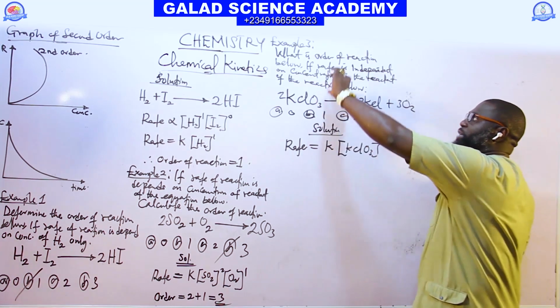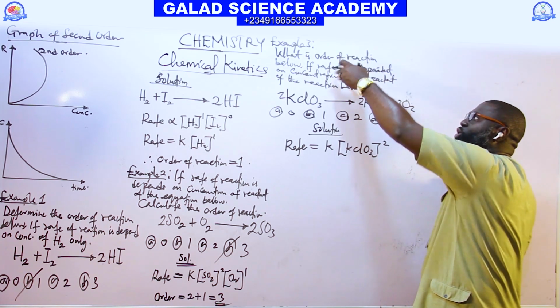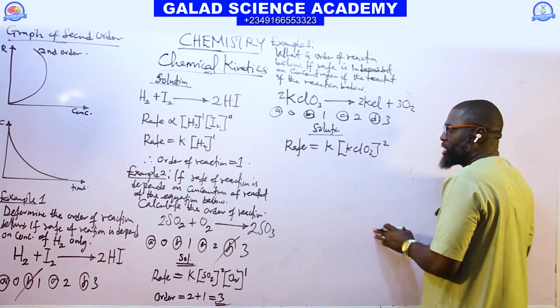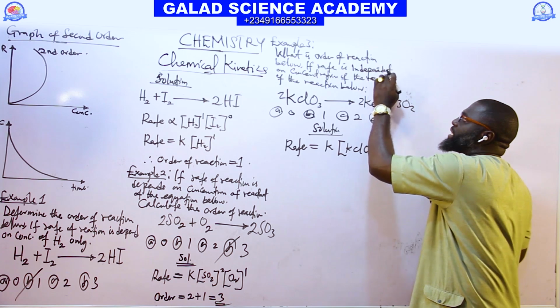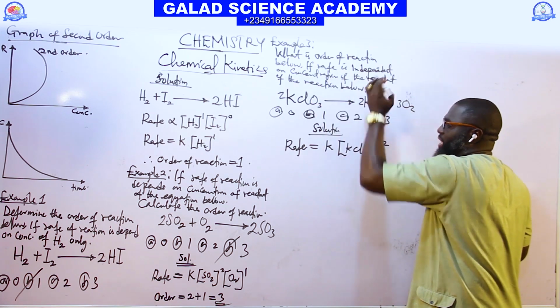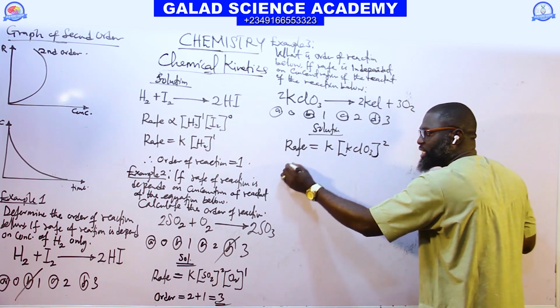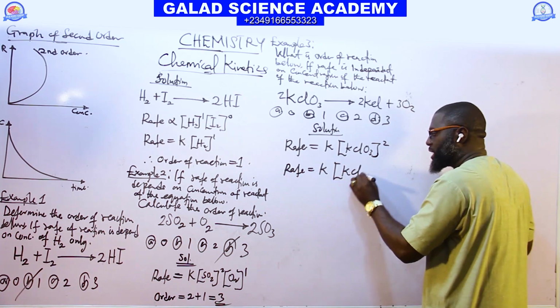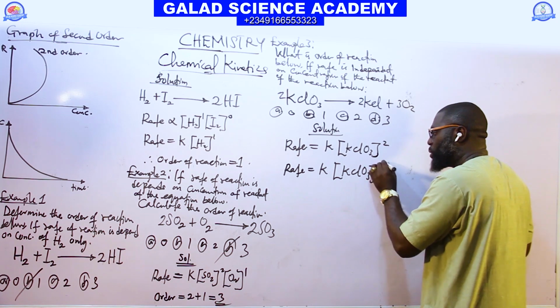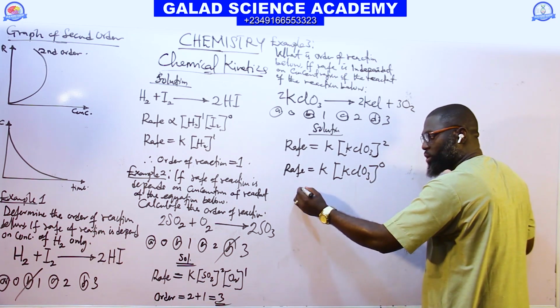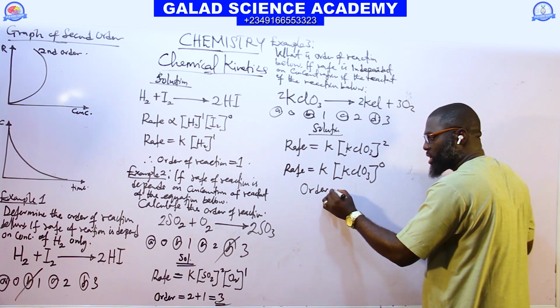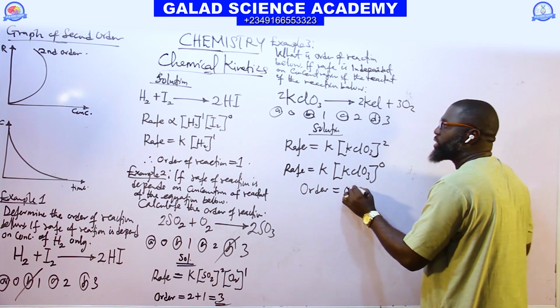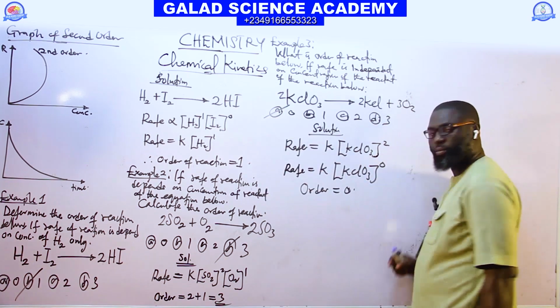So the experimental method leads to the condition of the rate. They said it's independent of the concentration of reactant, so the power of KClO3 will be 0. Therefore, the order of reaction is 0 order. The answer is A.